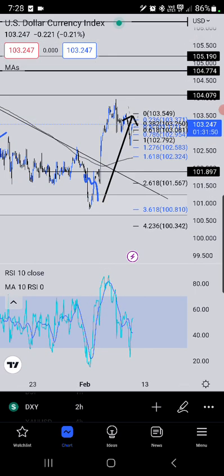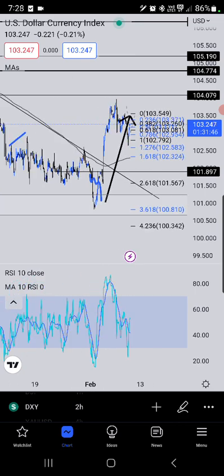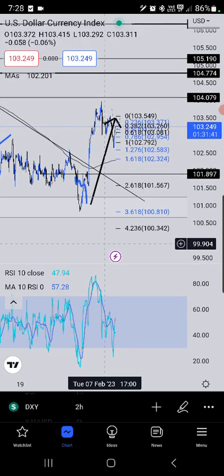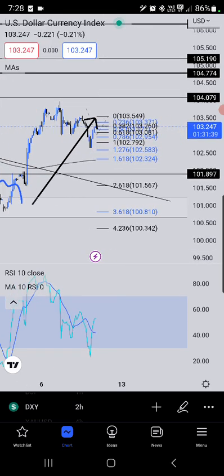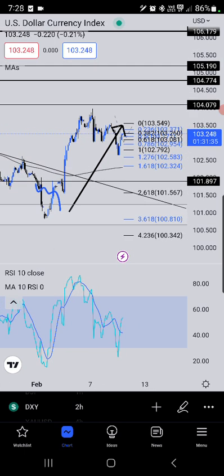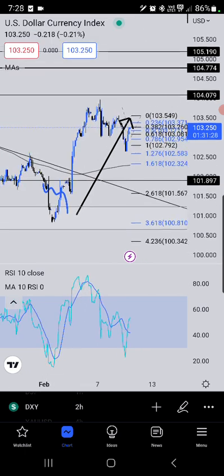DXY. We're just looking at it from a very, very basic Elliott wave impulse wave. What do you see? I don't often use Elliott wave in Forex, as I've discussed in prior videos, as in the exact technical way you would use Elliott wave in, say, Bitcoin.